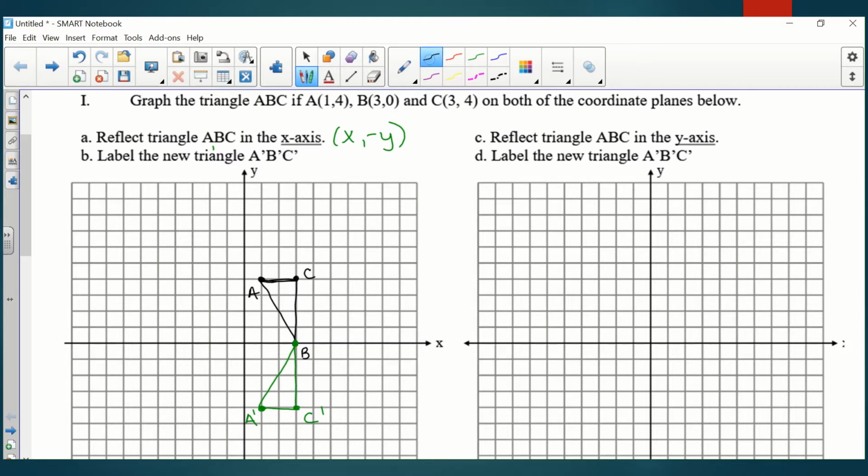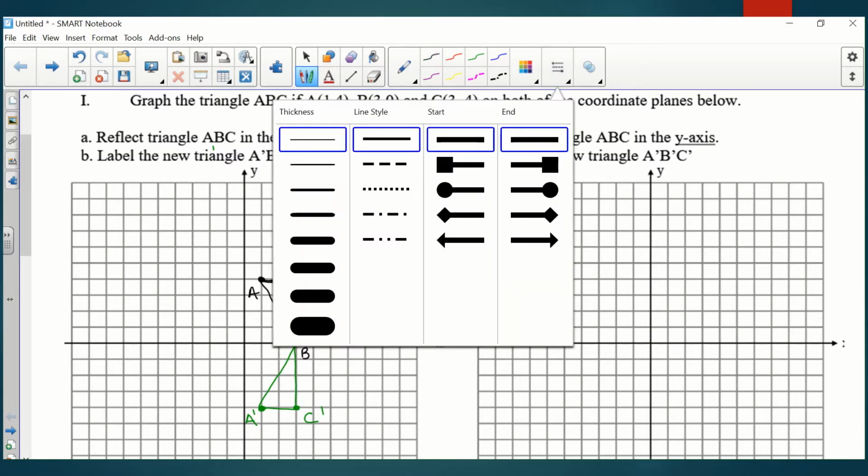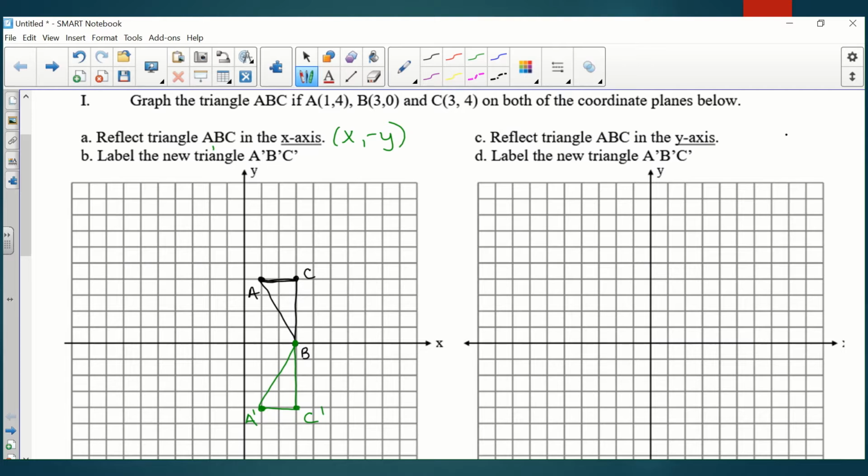All right, so graphing ABC once again. So this is in 1, 2, 3, 4. So here's A. B was at 3, 0. And then 3, 4 is C. So once again, graphing that original triangle.